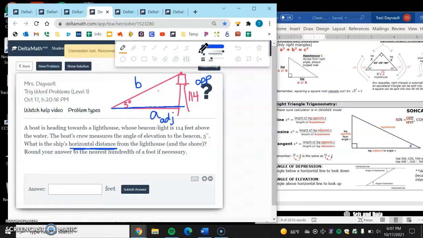Okay, so let's set up our proportion. Which ratio do we use for adjacent and opposite? I'm going to use the tangent ratio. The tangent would be the opposite over adjacent. So tangent of 5 degrees is opposite over adjacent, which we're trying to find.